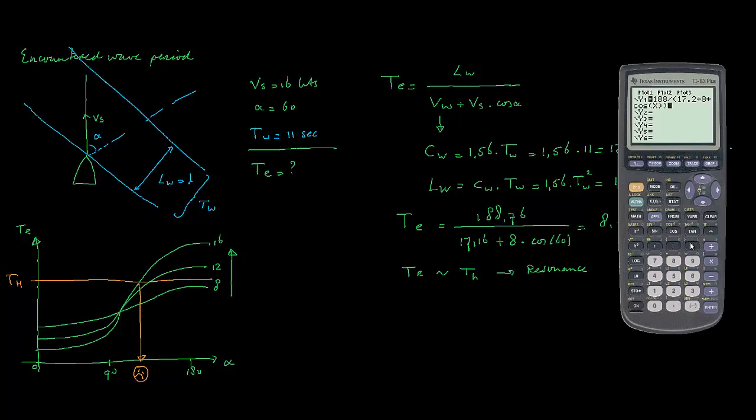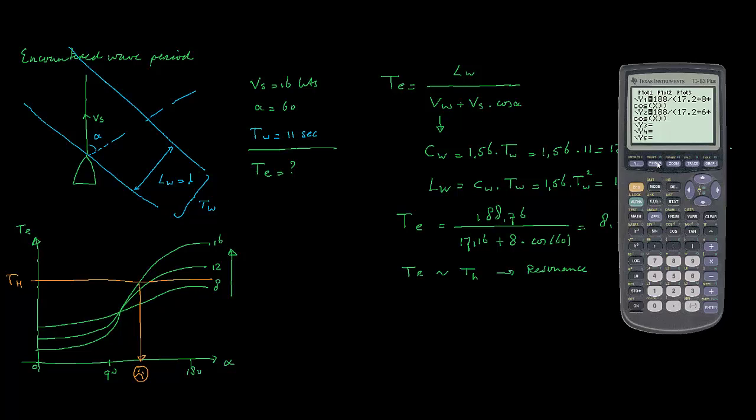So I put another one. That's 188 divided, the same thing except for the speed of the vessel, 17.2 added by, let's not take an 8 but a 6 something, 6 times cosine of alpha.